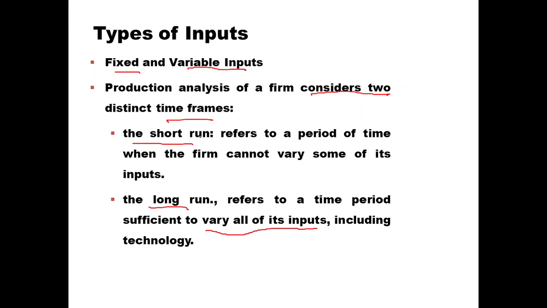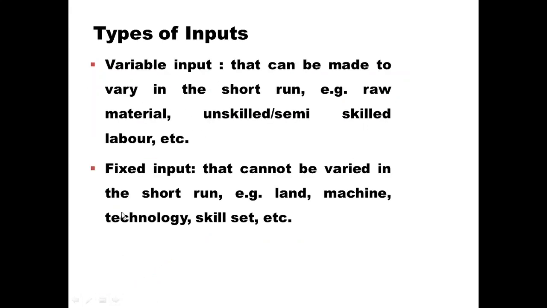So the short period is a period in which you cannot change all the factors. Some factors remain constant and fixed, whereas in the long run all factors become variable factors, or you can change all the factors in the long period. On that same basis, variable input and fixed input are taken into consideration.